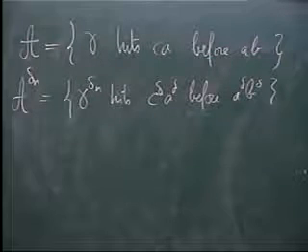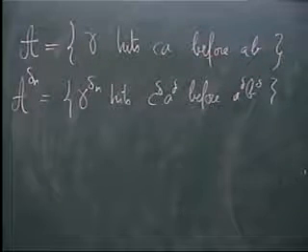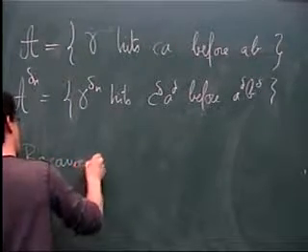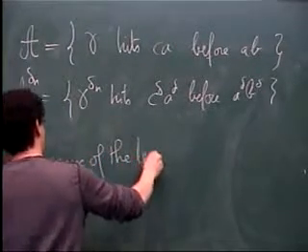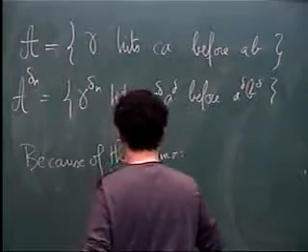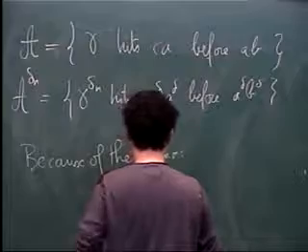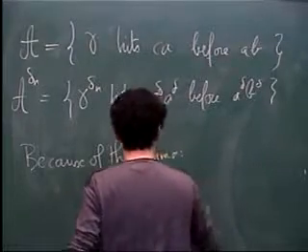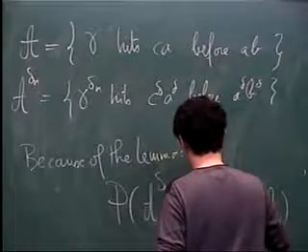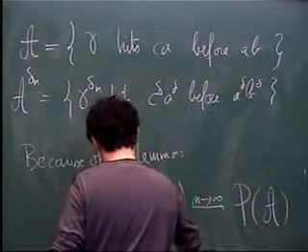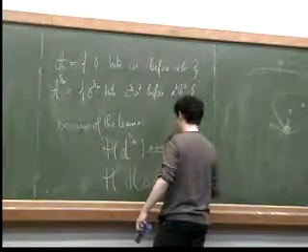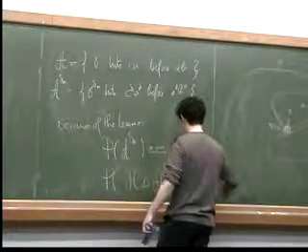Now, because of this disconnection time lemma that we had before, the probability of A delta n converges to the probability of A as n goes to infinity, right? And in fact, in the coupling that we had, the probability of the symmetric difference between A and A delta n goes to 0.